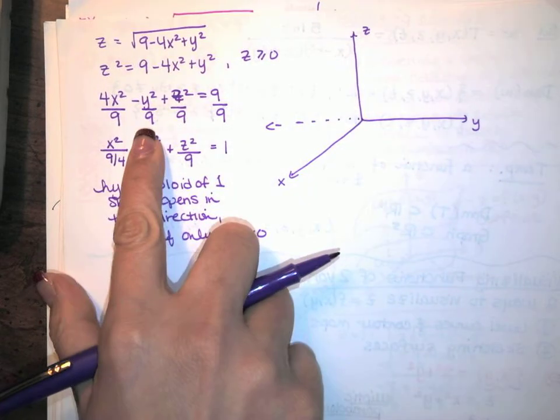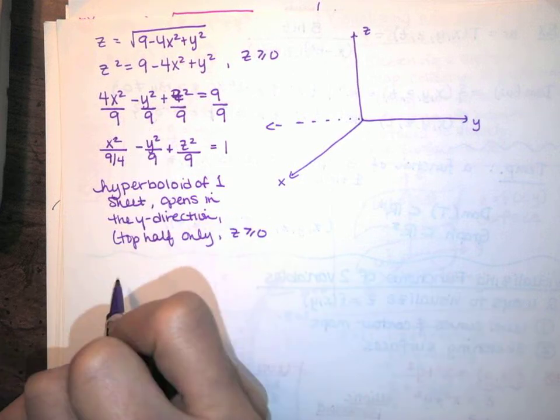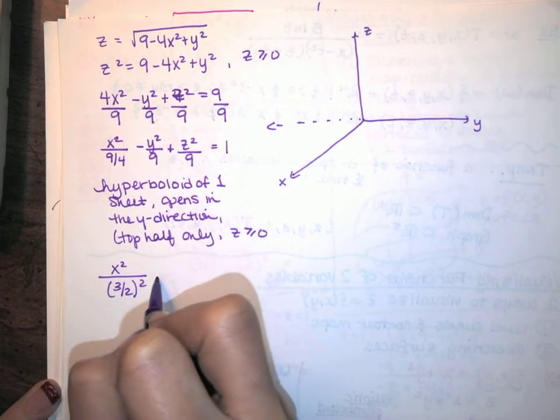When y is 0, we are on an ellipse. Let's rearrange that equation a little bit. 9 over 4 is the same as 3 over 2.